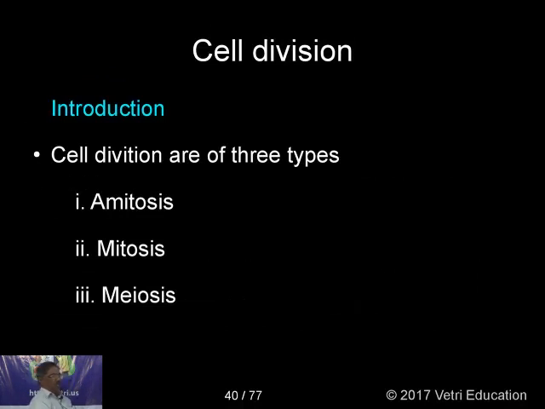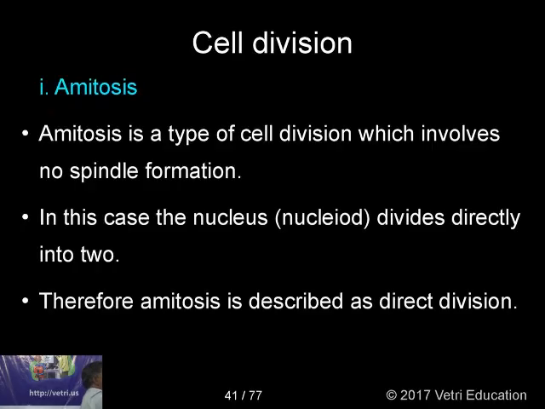Generally free nuclear cell division is not considered, but mainly amitosis, mitosis and meiosis. In mitosis and meiosis you can find the formation of chromosomes, whereas in amitosis, no formation of chromosomes. Mitos means thread-like structures, so chromosomes are not formed, so it is amitosis.